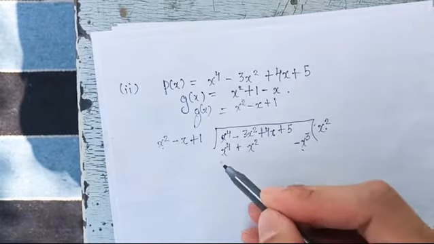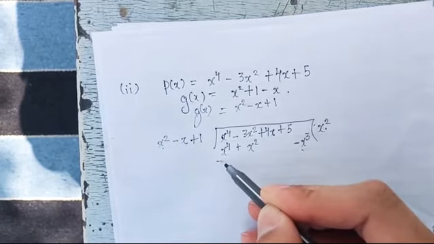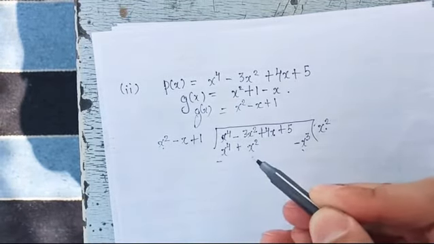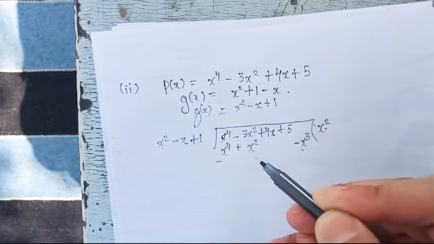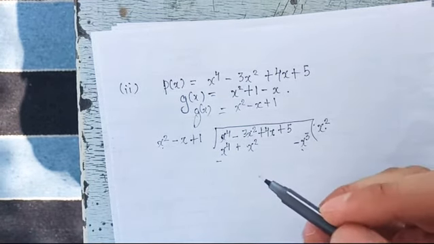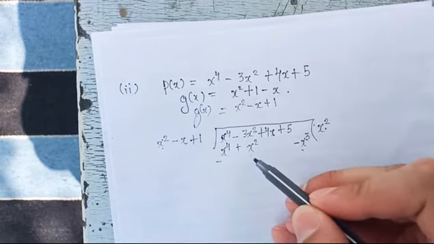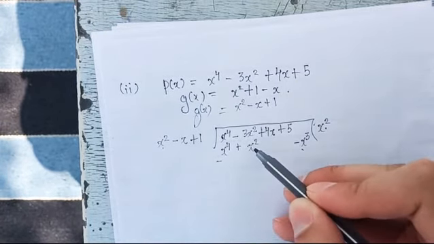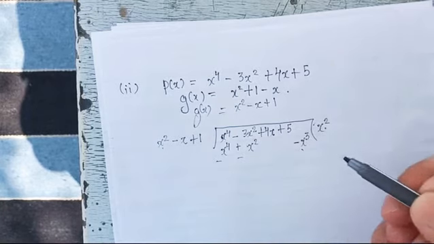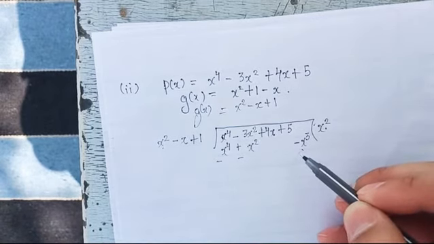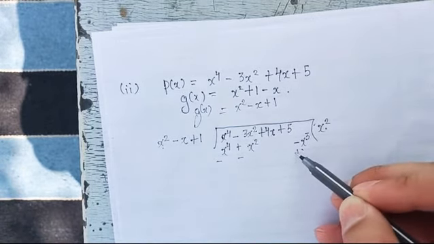How will we change it? The positive term will become negative, and the negative term will become positive. So plus x square will also become negative, and minus x cube will become positive.